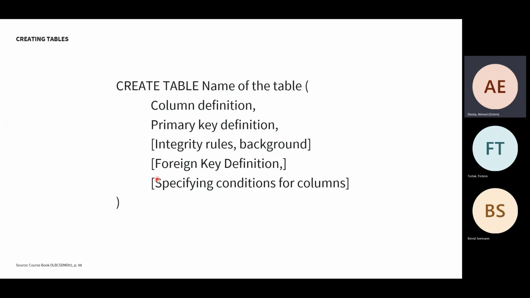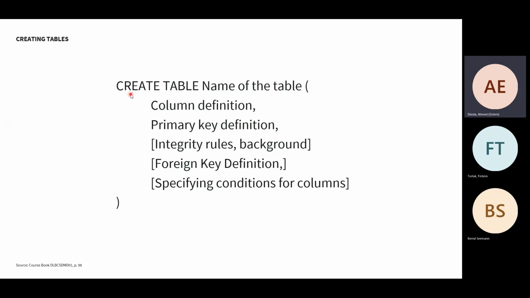I also told you that it's very important to start creating your own database. This is the code. If you want to create a database with code, you just use create and give the database name first. Then you can start creating your tables.